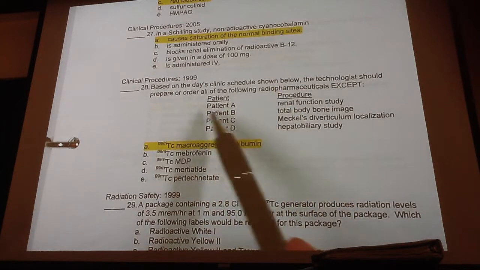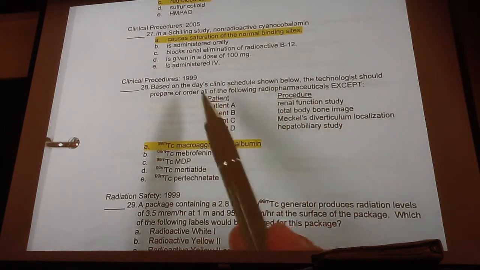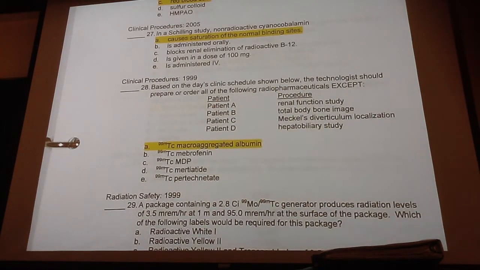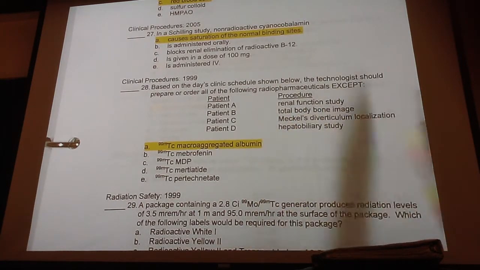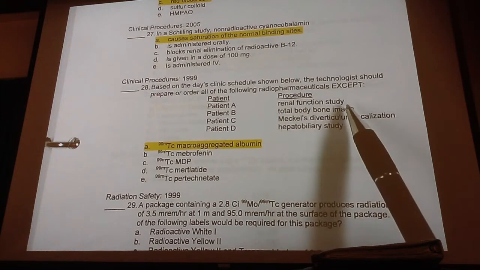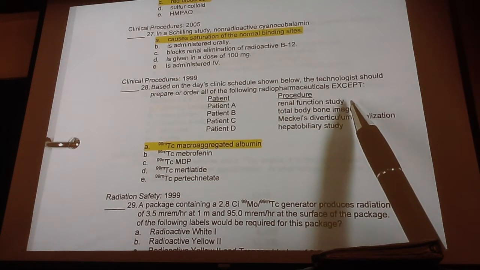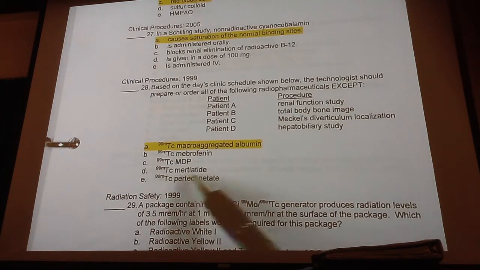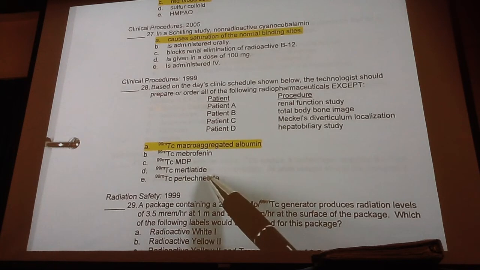So the next one: based on the day's clinic, all of the following should be ordered except. This one you guys should be really familiar with. We got a renal function study, so what's that going to be? The mertiatide or DTPA, probably mertiatide.